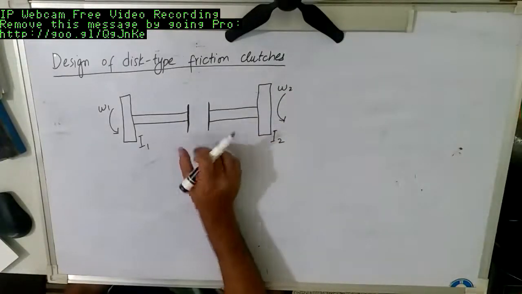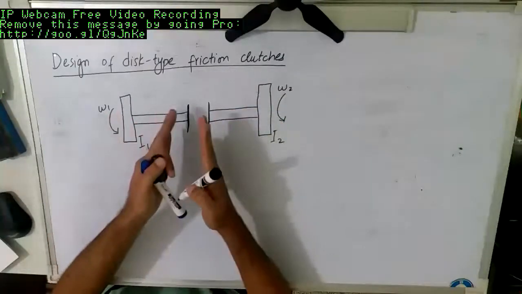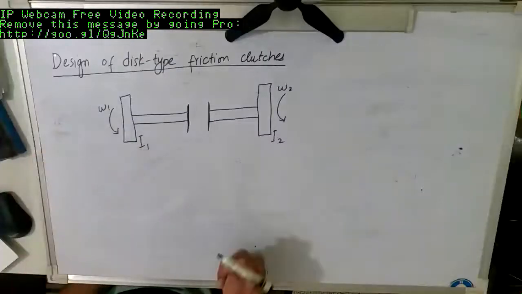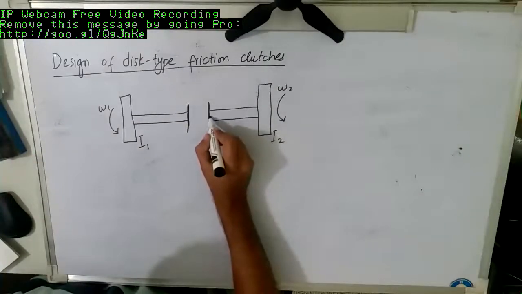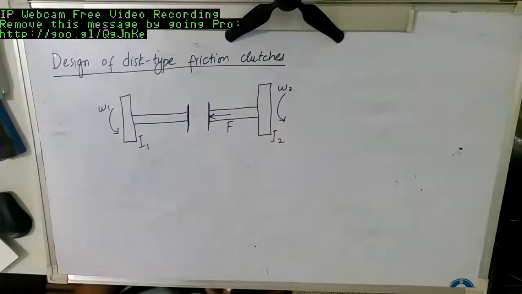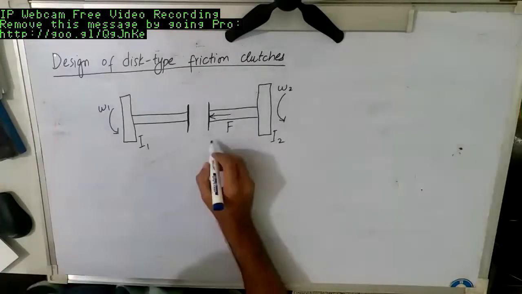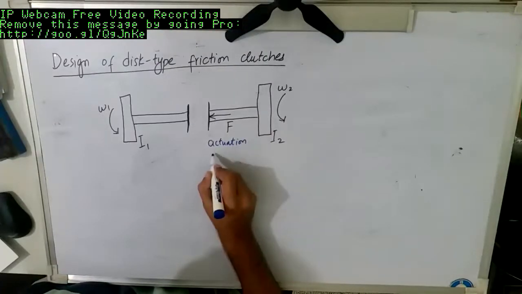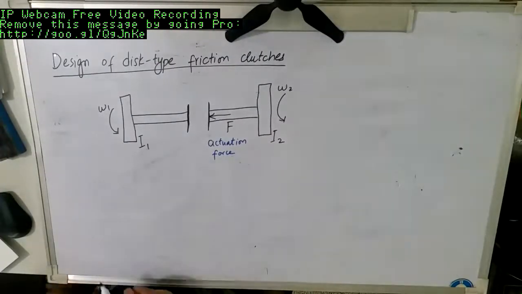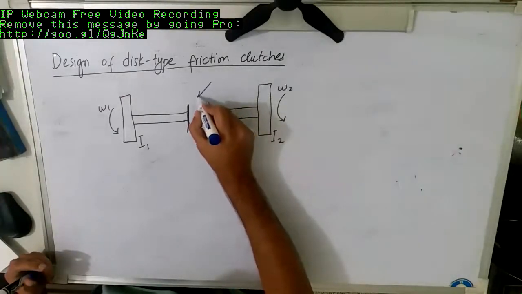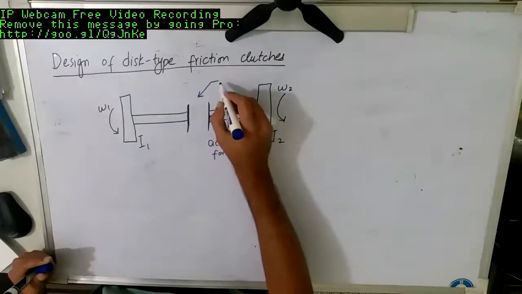These discs can come into contact with each other or separate whenever we want. To achieve that, we provide an actuation force F, called the actuation force, and this is our friction clutch.